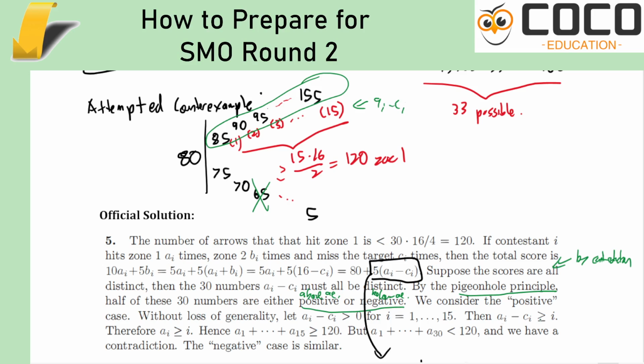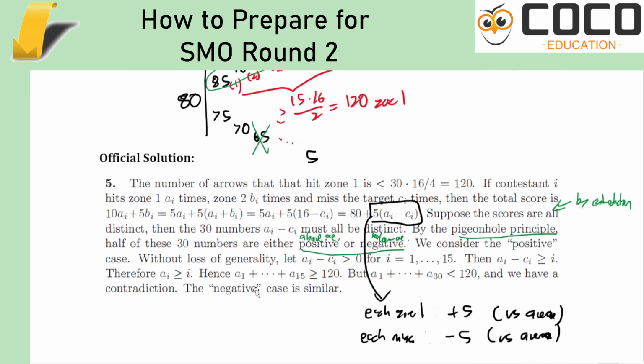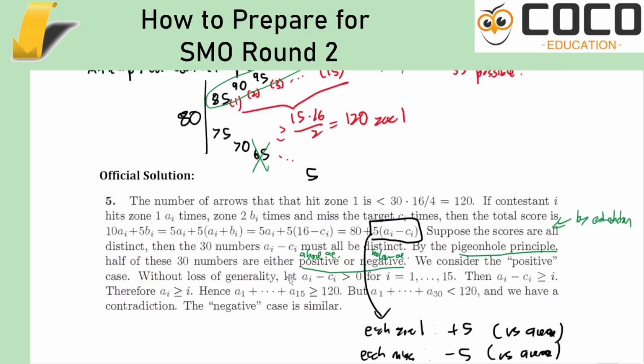AI minus CI is greater than or equal to I, because 1, 2, 3 to 15. You have 15 different numbers, they will at least be 1, 2, 3 until 15. And therefore AI is greater than or equal to I. That's what we said by common sense. And so this was the thing we calculated just now, and then there is a contradiction.